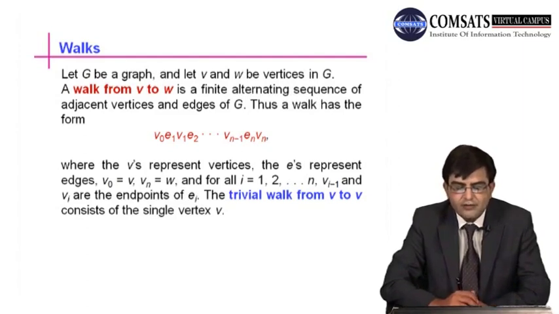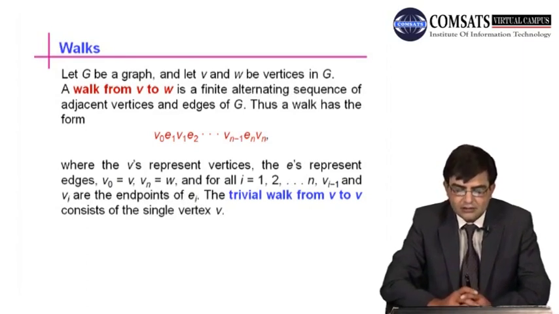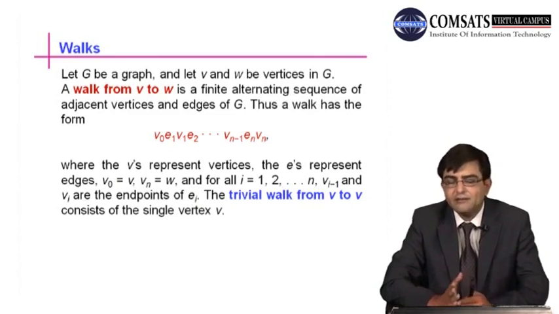A walk from V to W is a finite alternating sequence of adjacent vertices and edges of G. It is finite obviously because the graphs we study in this course are finite graphs. That is, they have finitely many vertices and finitely many edges.